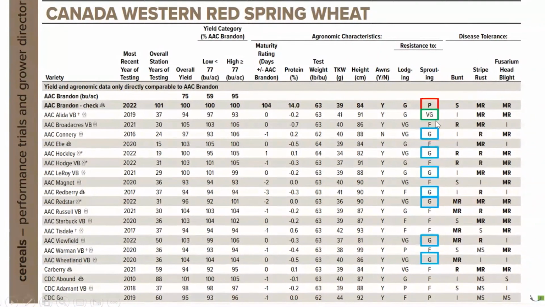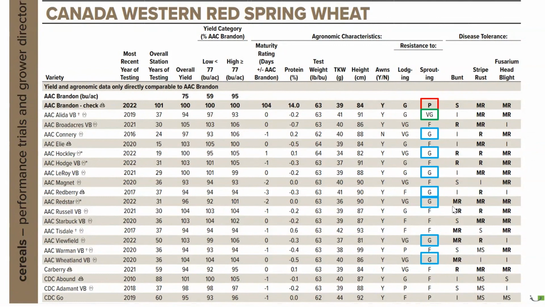But if you have been burnt by sprouting, looking at something like an Elida with a VG, or there's a number of different good options here. If you are in an environment where harvest is always dry, this isn't a big consideration. If you are in an environment where there is often wetness at the time of harvest, you need to put more importance on this sprouting rating column of data.